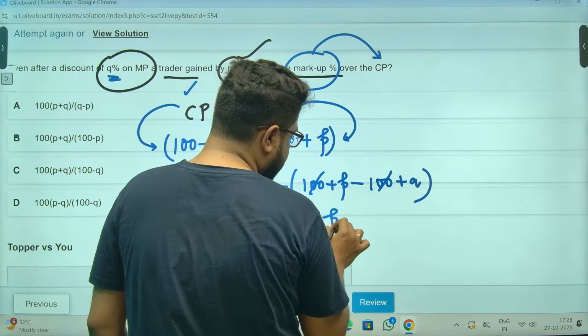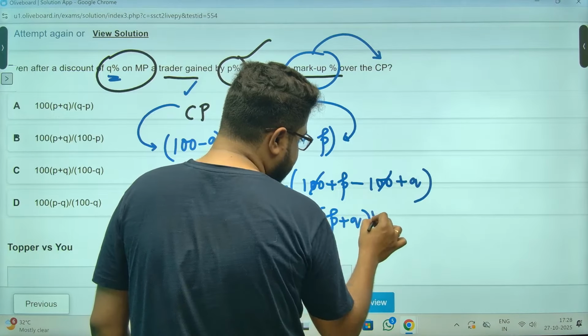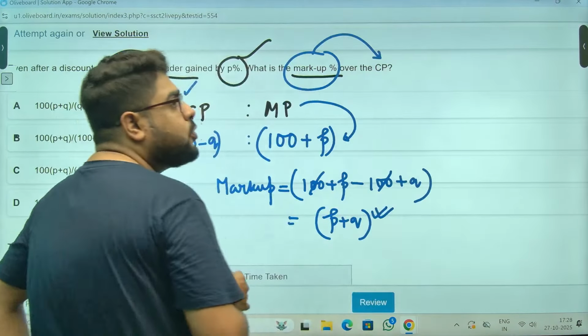It will be P plus Q. This is the markup, out of CP, since markup is always calculated on CP. So P plus Q out of 100 minus Q, that's the CP, and for percentage you multiply by 100. That's your answer: 100 into P plus Q, divided by 100 minus Q. So option C is the correct answer, sir.